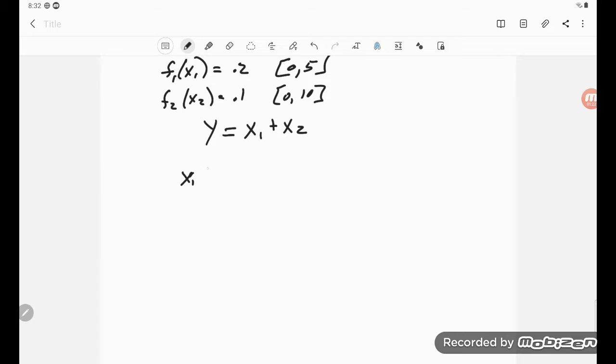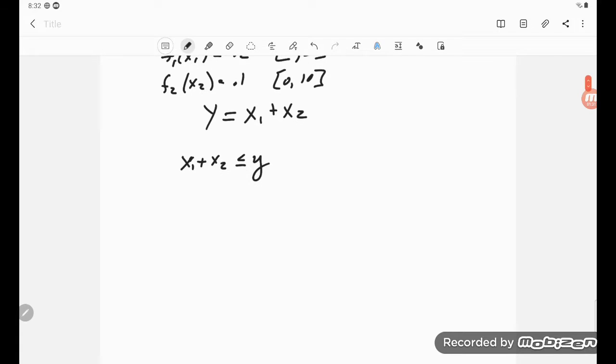So we'll start with x1 plus x2 needs to be less than or equal to y. And if we integrate with respect to x1, then we need x2 in terms of x1. So x2 is less than or equal to y minus x1.